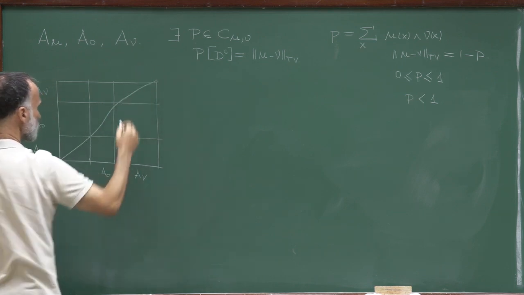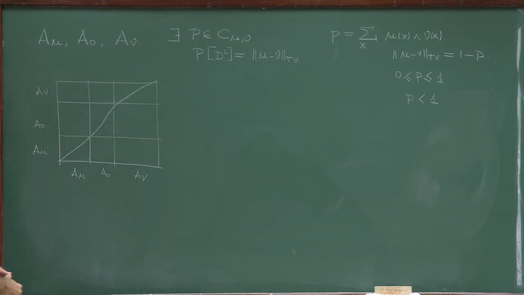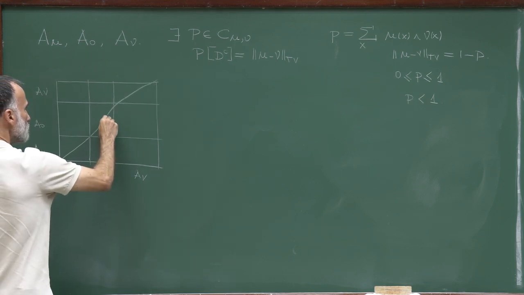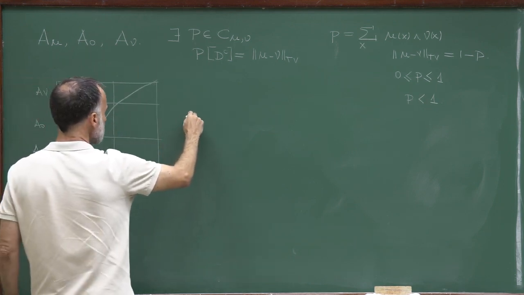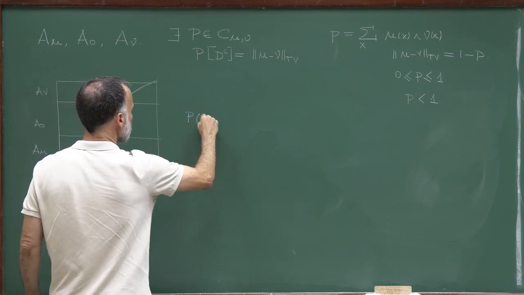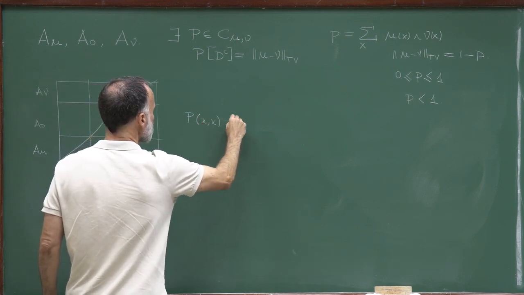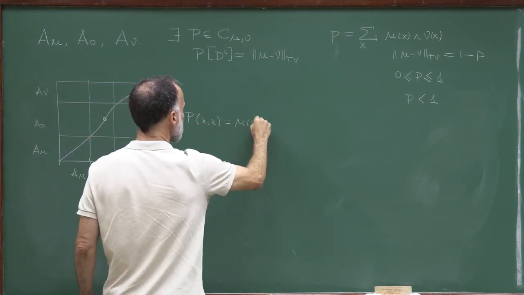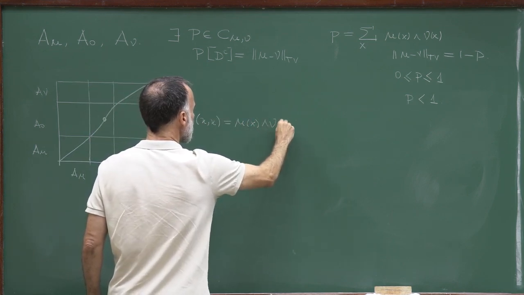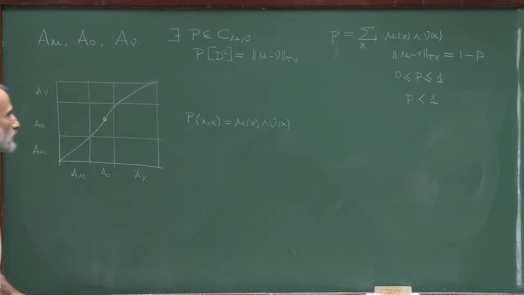So there's the diagonal, very badly drawn. So on the diagonal at the point x, p of xx is equal to the minimum of mu x and nu x. So this is the definition of the measure at the diagonal.